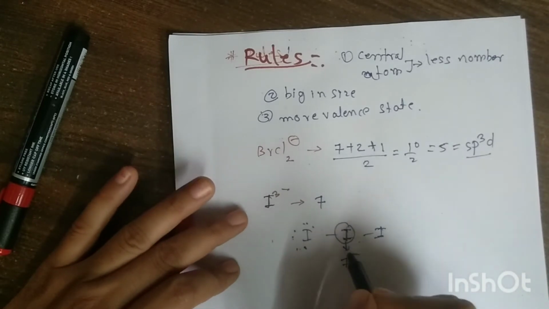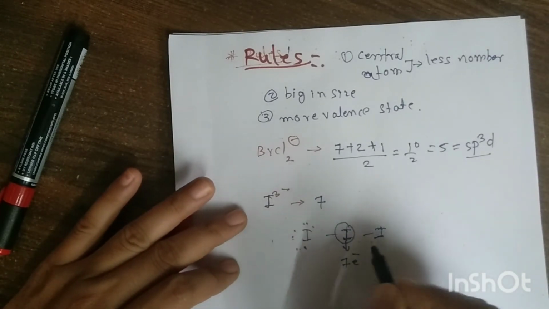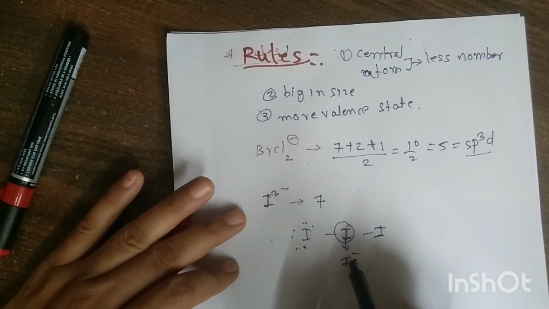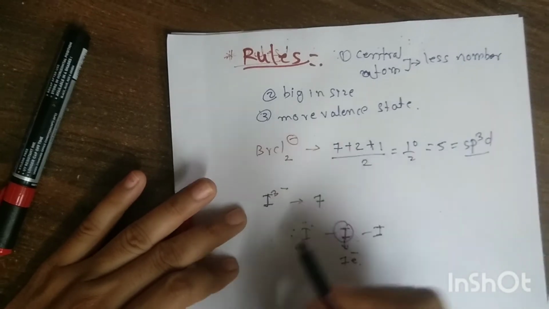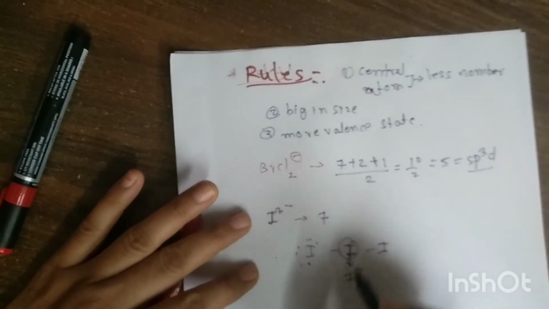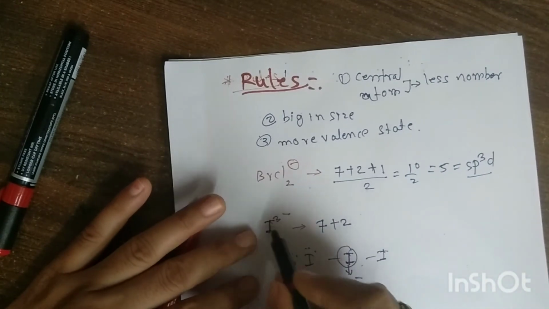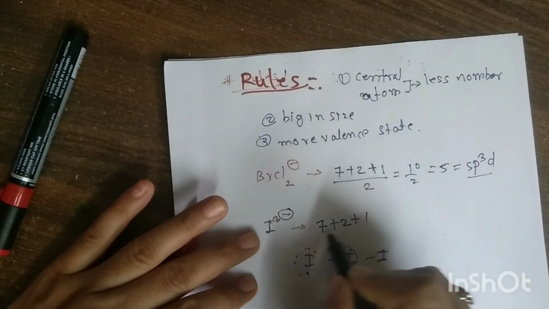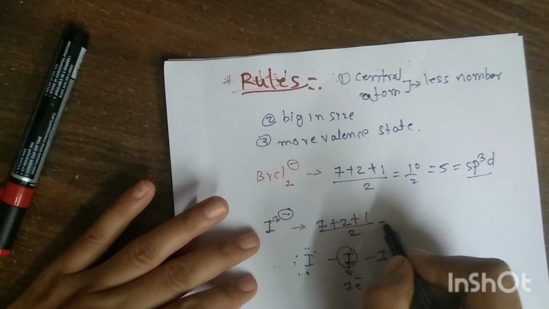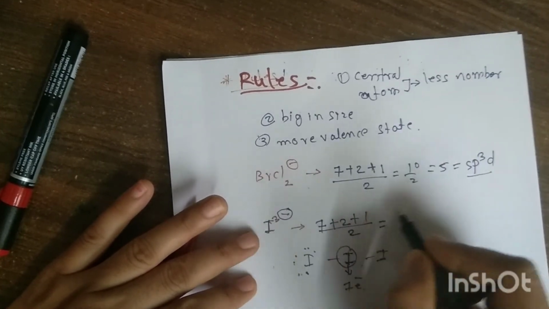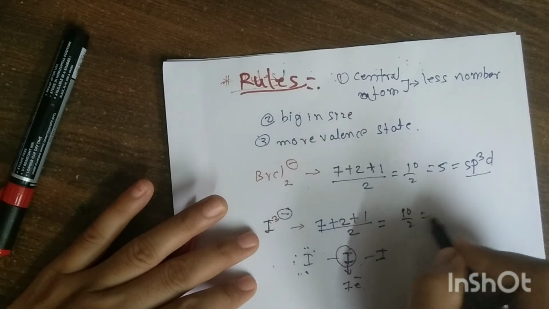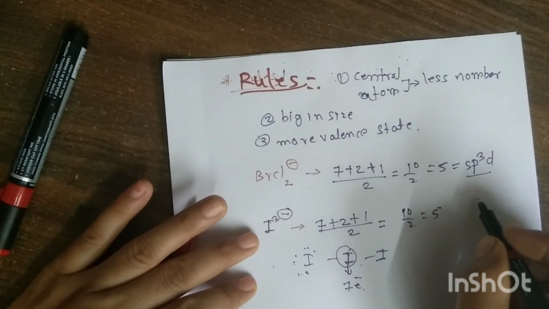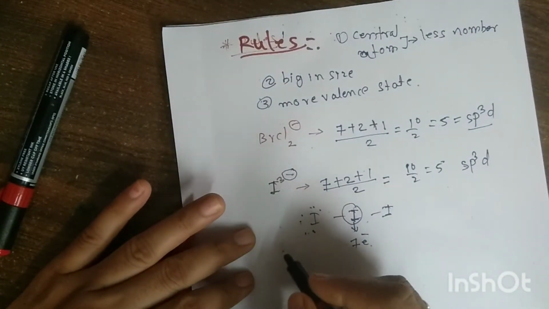We have taken one iodine as the central iodine, so this is 7 electrons in the central iodine. So this is first and this is second, that is 2 iodine, plus the negative charge we count as plus 1, and divide by 2. Here what we get? Again this is 10 by 2, means this is 5. So this is sp3d.